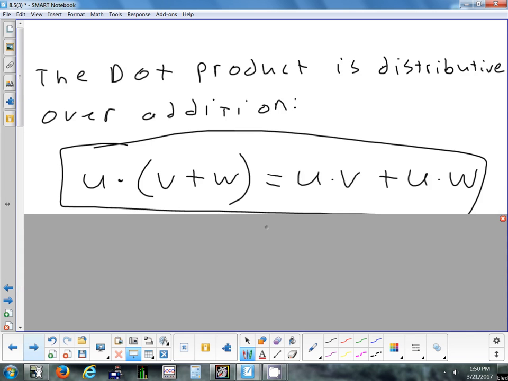So we're not going to go through the proof, but basically the dot product is distributive. We can't assume that it was distributive just because other things are distributive, but it is. The distributive property works fine with the dot product.